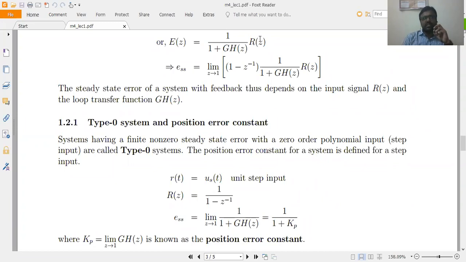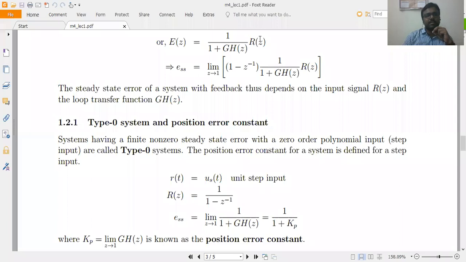The steady state errors are mainly categorized with the poles of the input function. The system which takes the step function as an input is called the type 0 system.